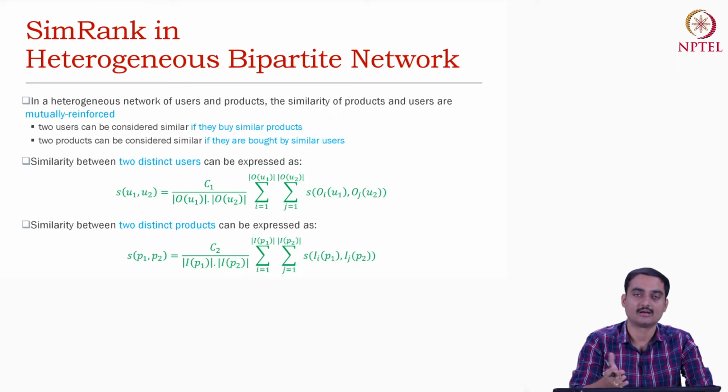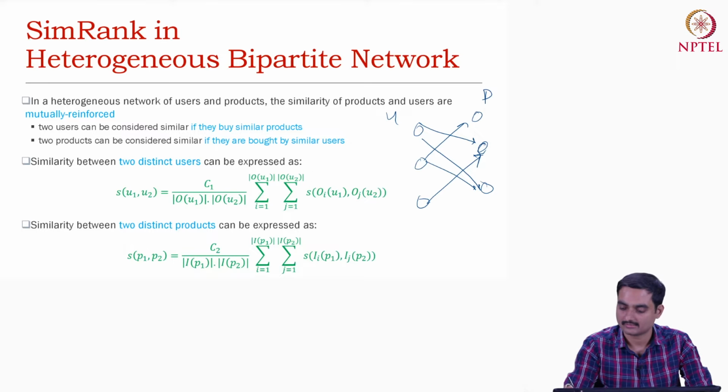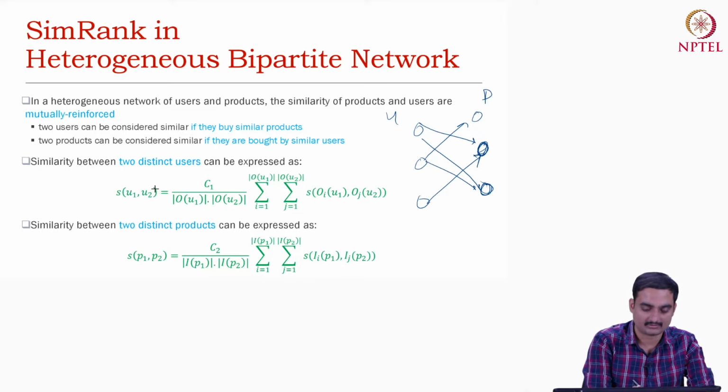And if you have a bipartite network, say you have users and products, you can use the same quantity. So the similarity between two products is the similarity between users who have bought these two products, whereas the similarity between users is the similarity between products which these two users have bought in the past.